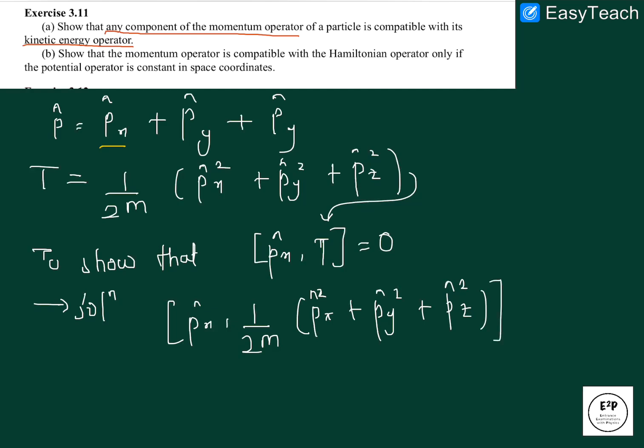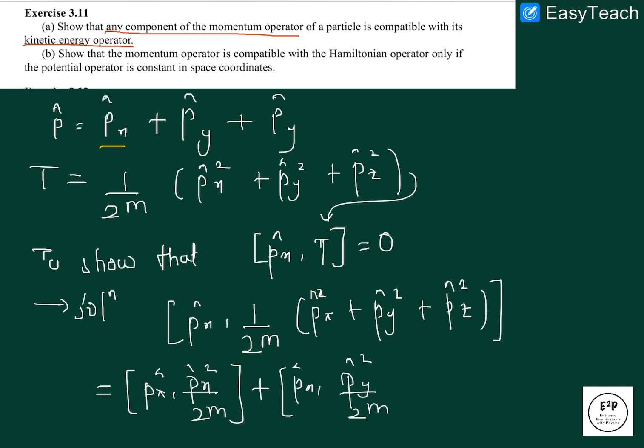Okay, now we will separate these three: px and px square by 2m, plus px and py square by 2m, plus px and pz square by 2m.